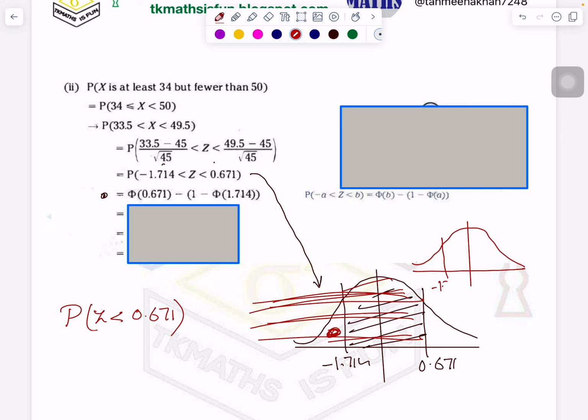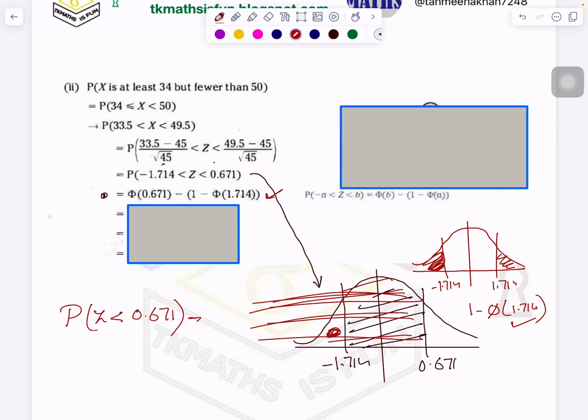This minus 1.714, if I take symmetry of it, will be 1.714. This part I have to calculate, so I can minus from here. So how can I calculate this part? 1 minus phi of 1.714. Simple. So I will calculate probability of this and minus from 1.